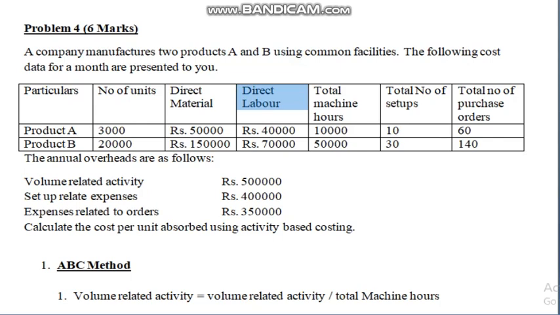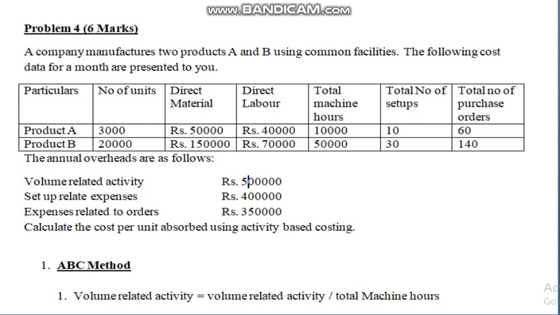The first one, volume related activity, is 5 lakh rupees. It is based on the total number of machine hours. The next one, setup related expenses, is 4 lakh rupees, nothing but the cost of setup, which is based on the total number of setups.